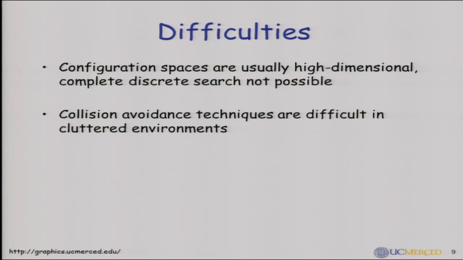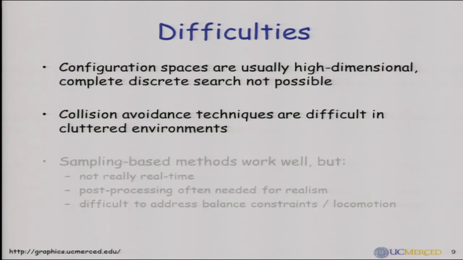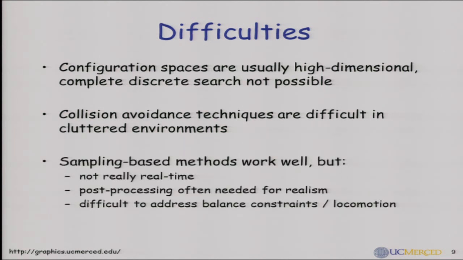However, as soon as you get more cluttered environments, collision avoidance methods will not work well either. Sampling-based methods do work well. They're very popular, and they're mainly from robotics. But in our case, they're not really real-time for our applications. We can get results in 1 or 2 seconds, right? But it's difficult to guarantee being faster than that.